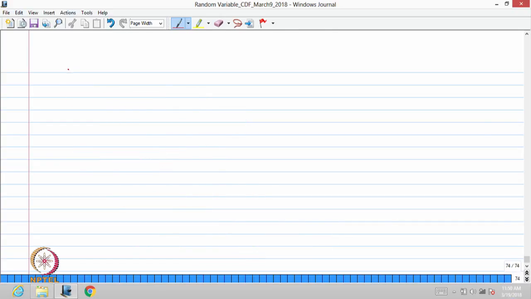So, the next distribution is the Poisson distribution. This is a very important distribution because this connects probability with the stochastic process at a different level.